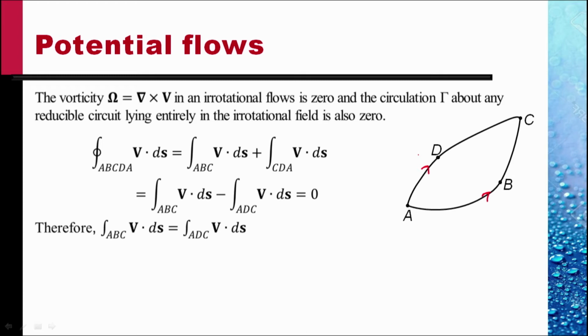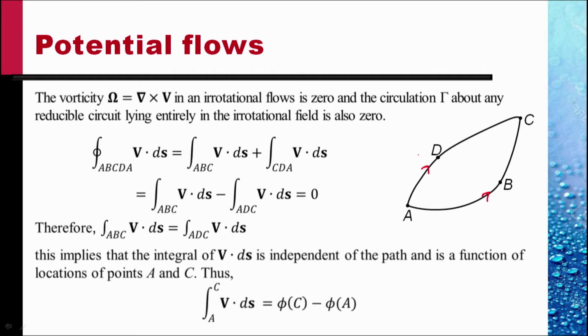Since we have taken the path arbitrarily, this means that the integral of v dot ds between any 2 points A and C is independent of the path that we take.